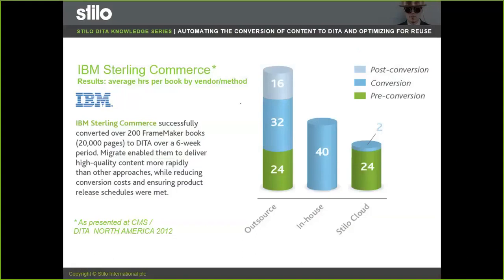So when Stilo came along with Migrate, basically they still spent the same amount of time prepping their content, but essentially it was converted pretty much automatically with minimal cleanup required. So it was good to have some metrics to make these comparisons. They'd also done some in-house scripting themselves as well, but that wasn't really a scalable solution or appropriate for a lot of the work that they needed to do.